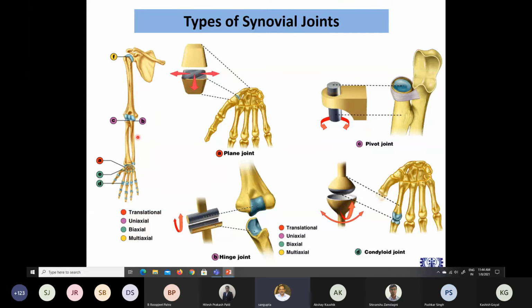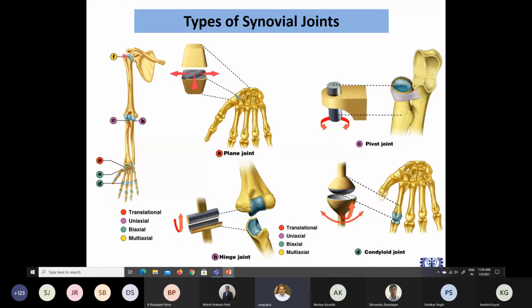As I told you, it is mostly rotation. There is rotation about the other axis, but very restrictive, plus minus 5 degrees. Only about the axis which passes from lateral medial direction, you get the gross rotation at the knee joint.